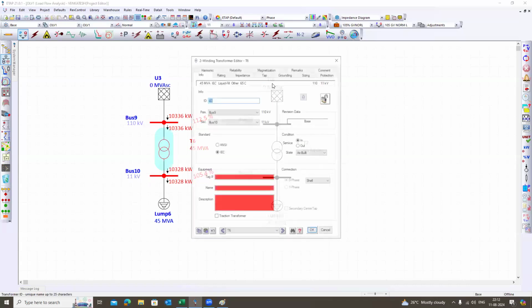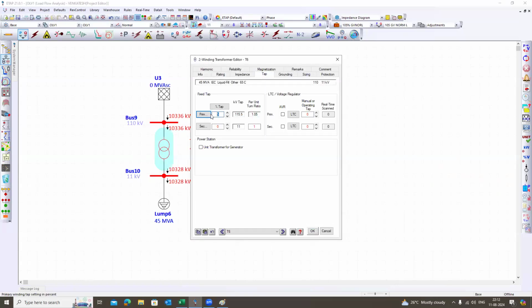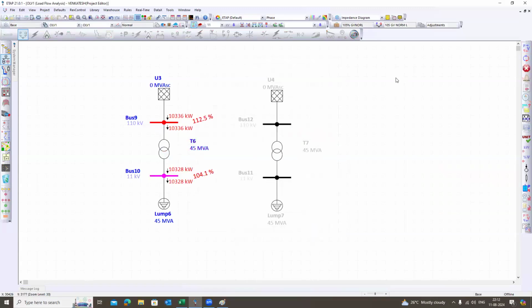I changed the tap from 5 to 6.25 and ran it again. Now the voltage of this 11 kV bus is well within the limit of plus or minus 5%, right? 104.5, which is less than the 105% permissible limit. That's how we finalized the tap on the positive side.